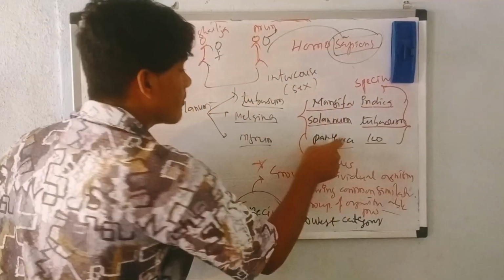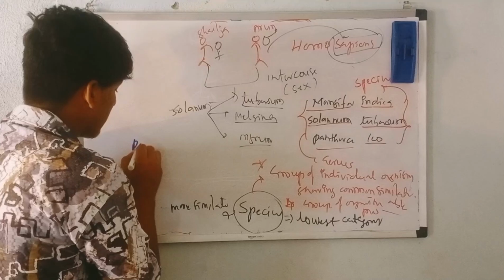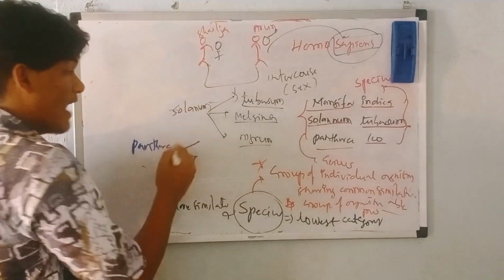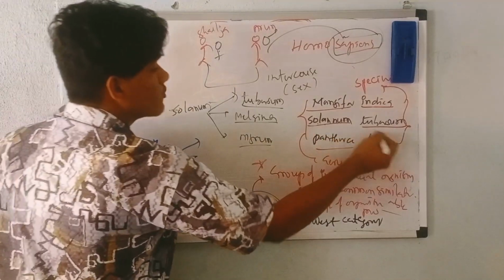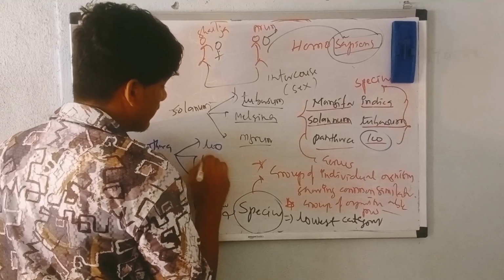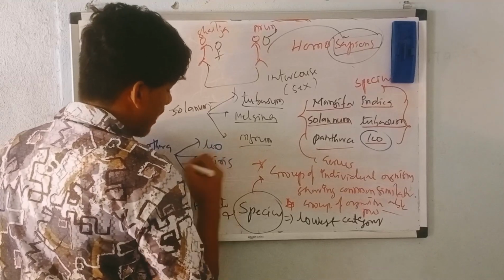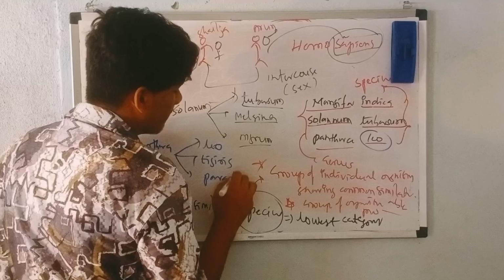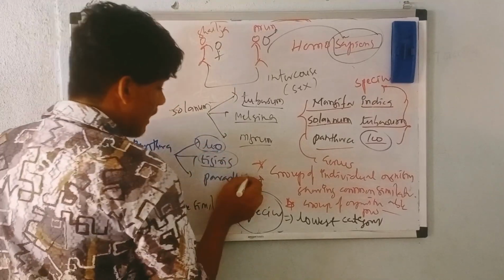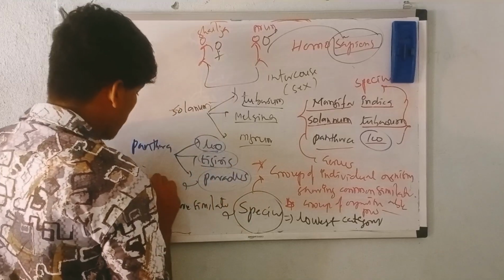Similarly, Panthera is a genus, right? The Panthera genus also has species like leo, tigris, and pardus. Here leo represents the lion, tigris represents the tiger, and pardus represents the leopard.